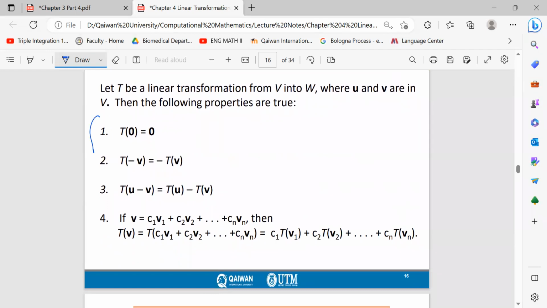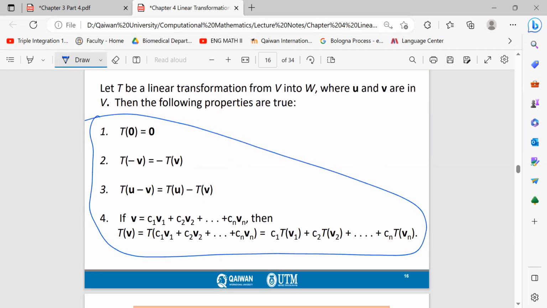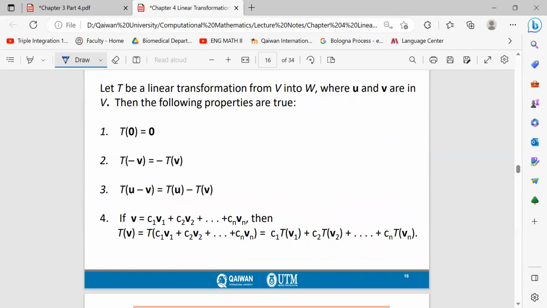Here we have these properties of linear transformation. We say a function is a linear transformation if it satisfies these conditions; it must also satisfy these properties. So all linear transformations must have these four properties. T of the zero vector must be zero.